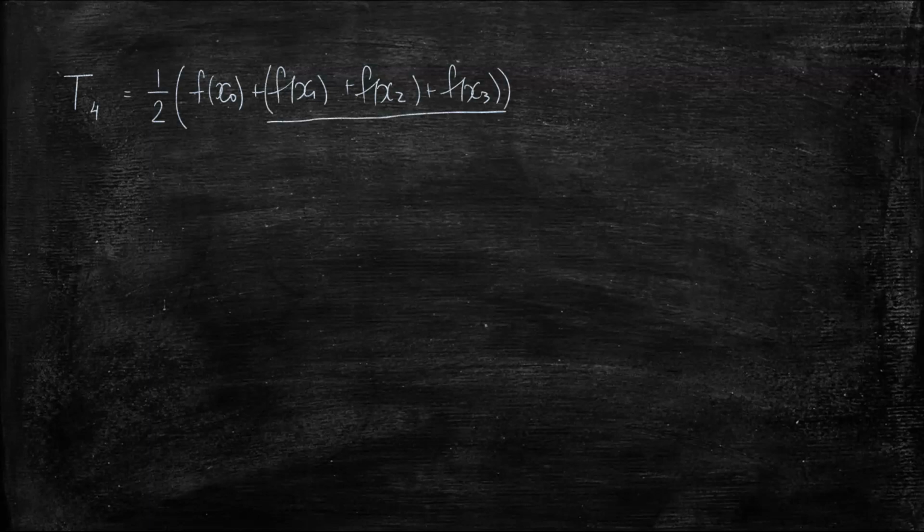We usually carry 1/2 to the front, so instead of dividing by 2 we just write 1/2, and then we have f of x0 first, and then these are going to repeat, so instead of repeating them, I'm just going to multiply them by 2, and then I'm going to add the last one that doesn't repeat. In our case, it will be f of x4.